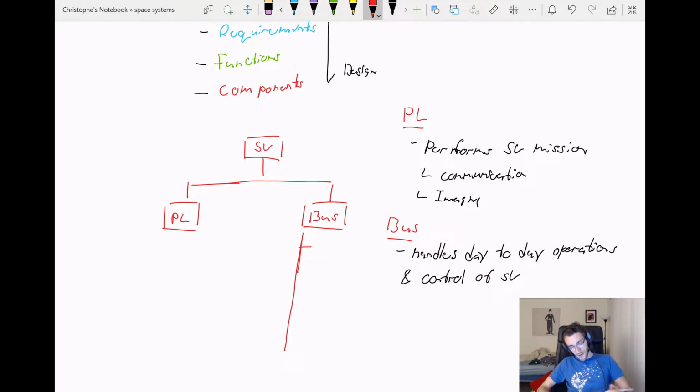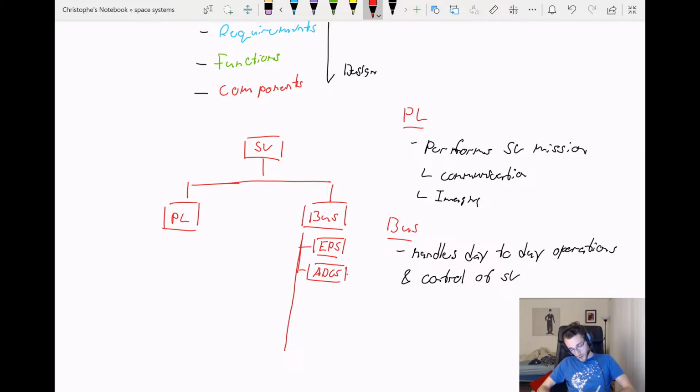Okay, so the bus handles things like EPS, or energy and power systems. It handles ADCS, also known as attitude, direction, and control systems.